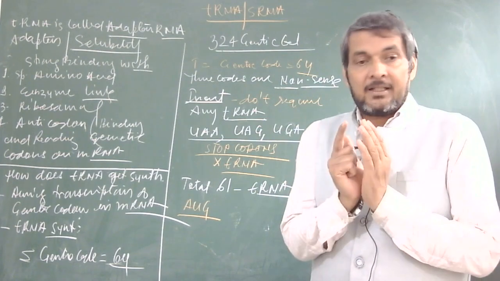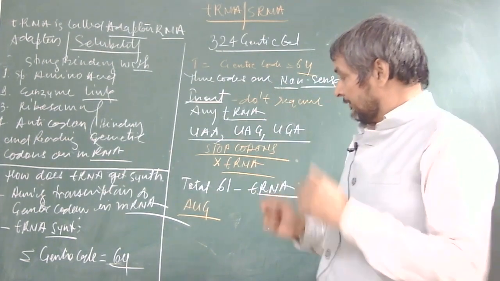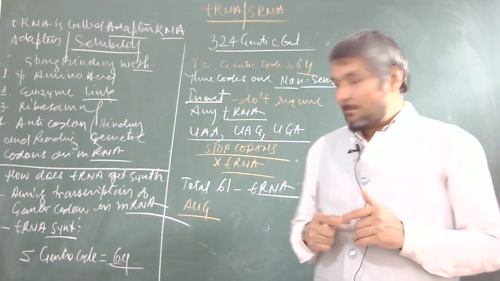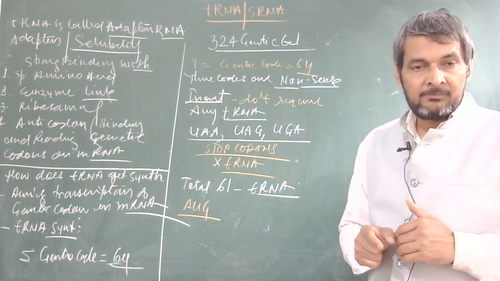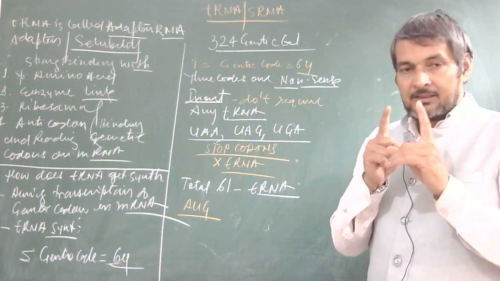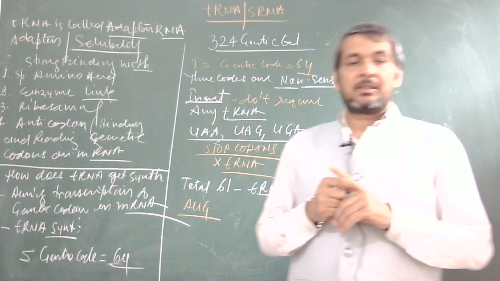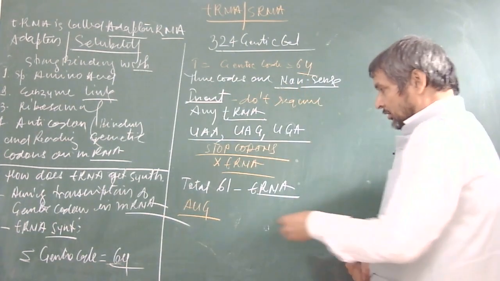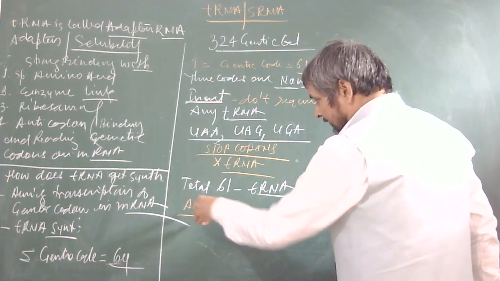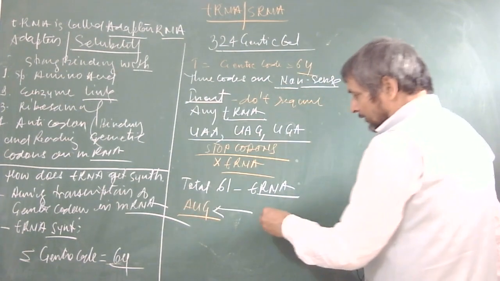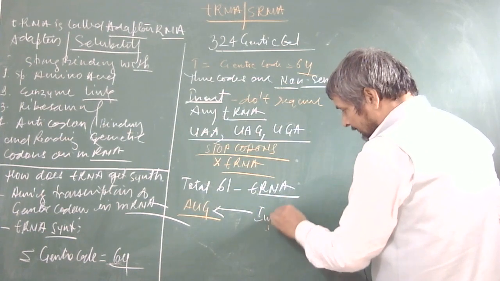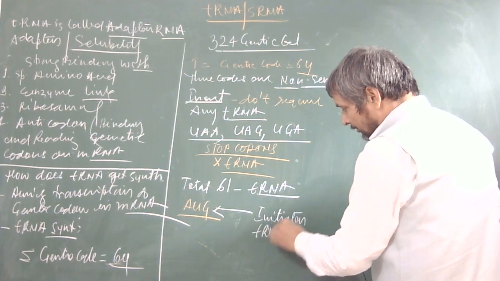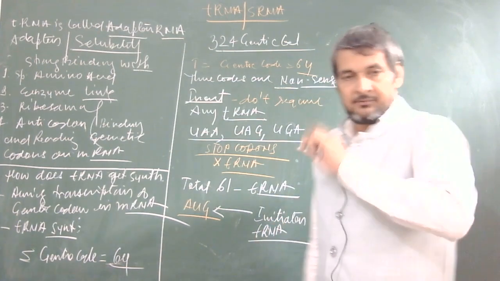The first transfer RNA that picks the amino acid methionine by reading the genetic code AUG is known as initiator transfer RNA. You do remember, very important, very important.